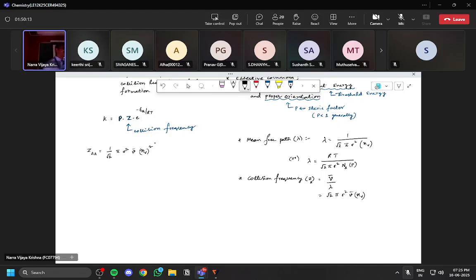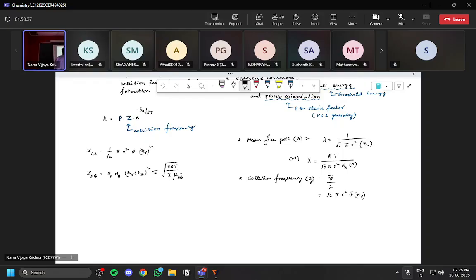Correct, sir? What is ZAB? NA, NB, RA plus RB square, into pi into average velocity. Instead of average velocity, what can I write? 8 RT upon pi into reduced mass of AB.